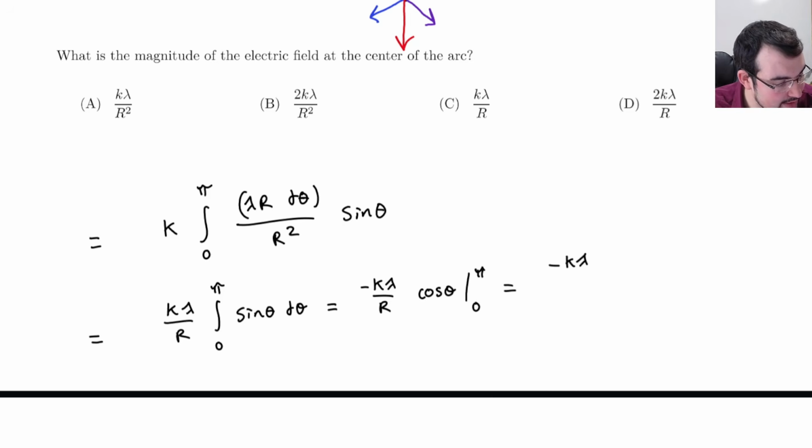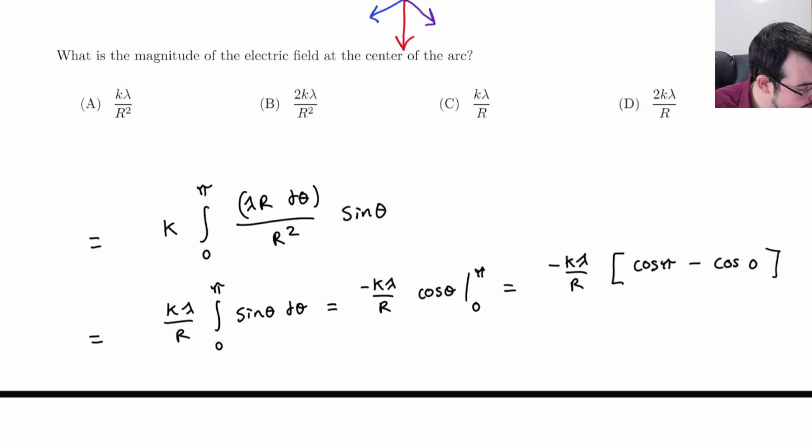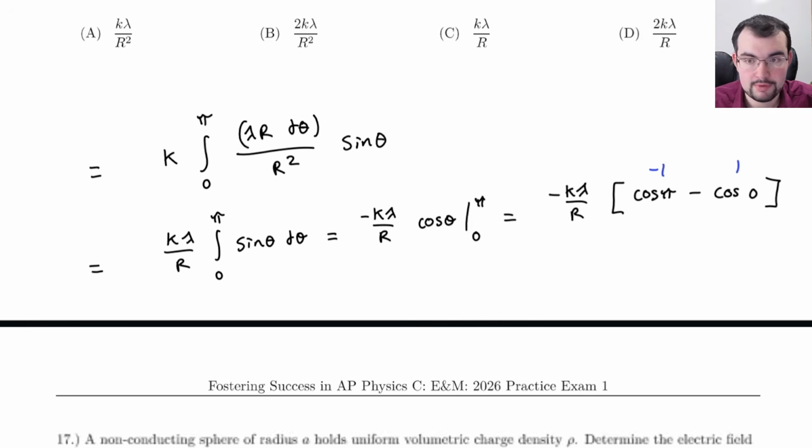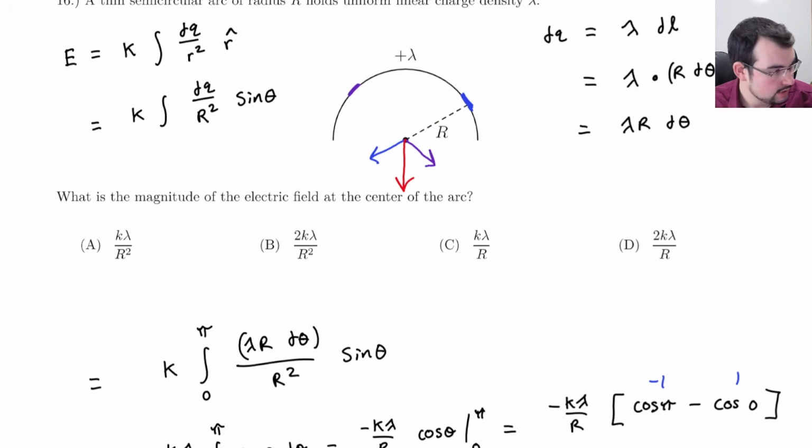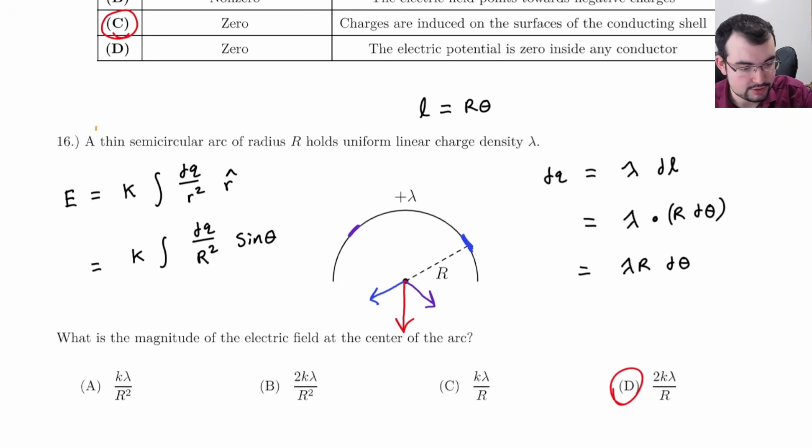That's negative k lambda over r times cosine pi minus cosine 0. Cosine pi is negative 1, cosine 0 is 1. So we get negative k lambda over r times negative 1 minus 1, which is negative k lambda over r times negative 2, which equals 2k lambda over r. Wow. That's hard. As if there was any doubt, this is definitely a hard question.